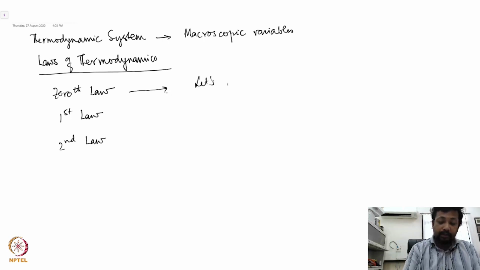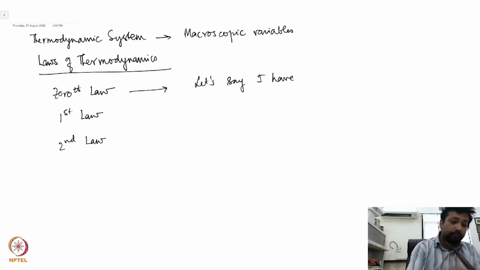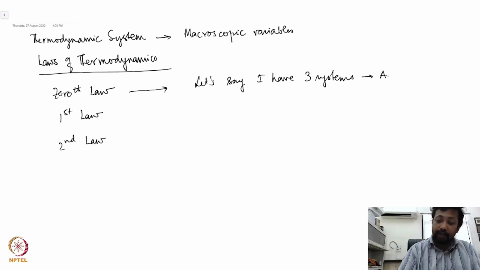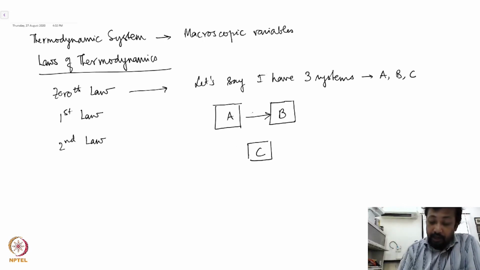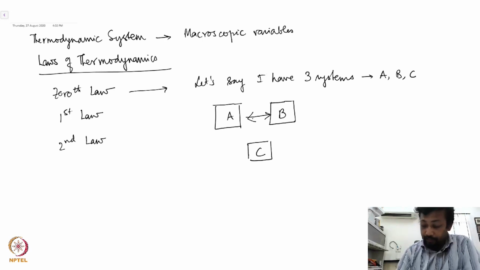Let's say I have three systems. I'll call them A, B, and C. So I have this system which is A, this system which is B, and this system which is C. The statement of the law is the following.